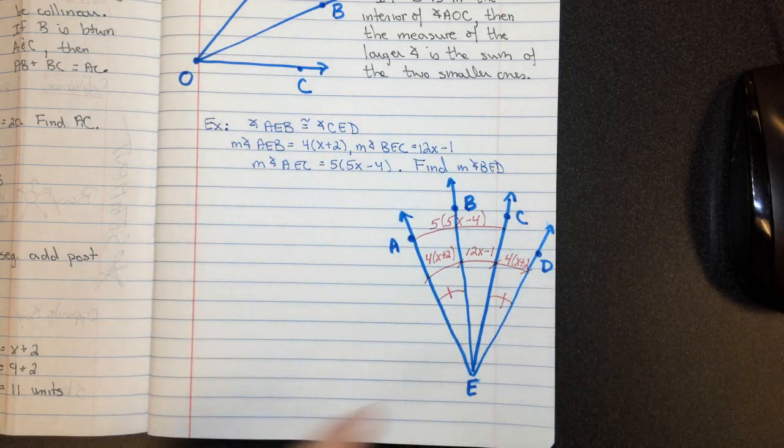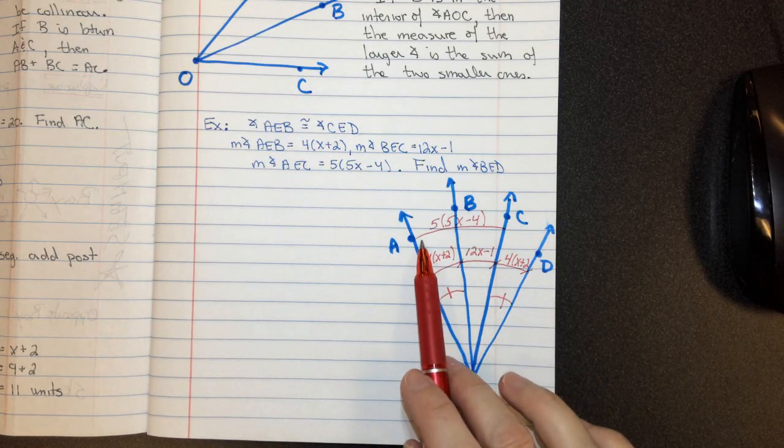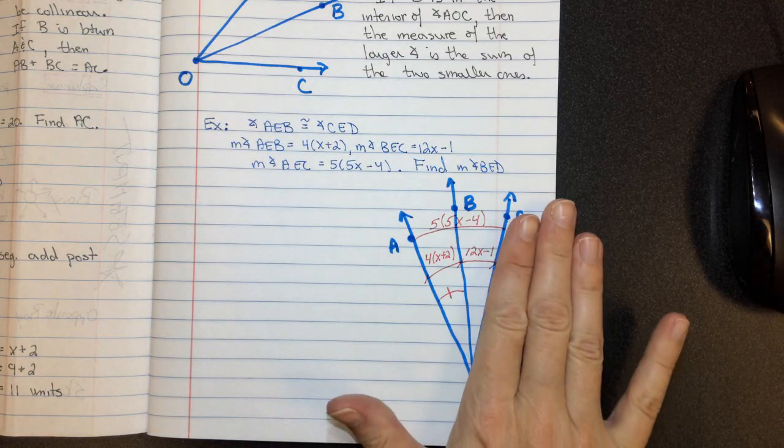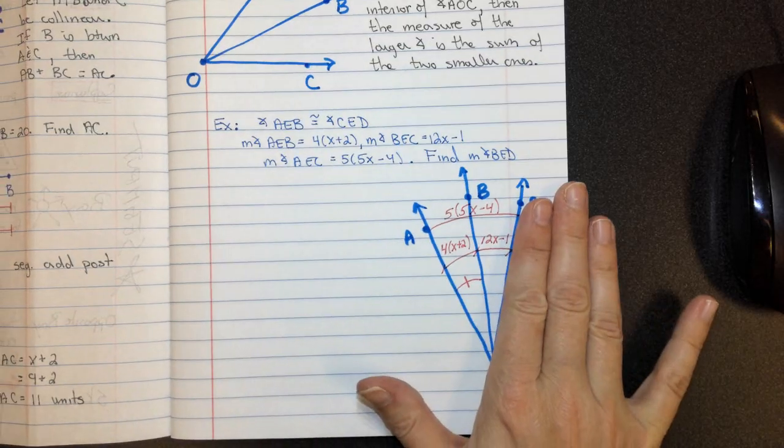When you solve these problems, you typically want to add everything together. But notice, this does not go all the way across. So we're trying to find a situation that uses that piece. I'm going to only look here first to solve for x.